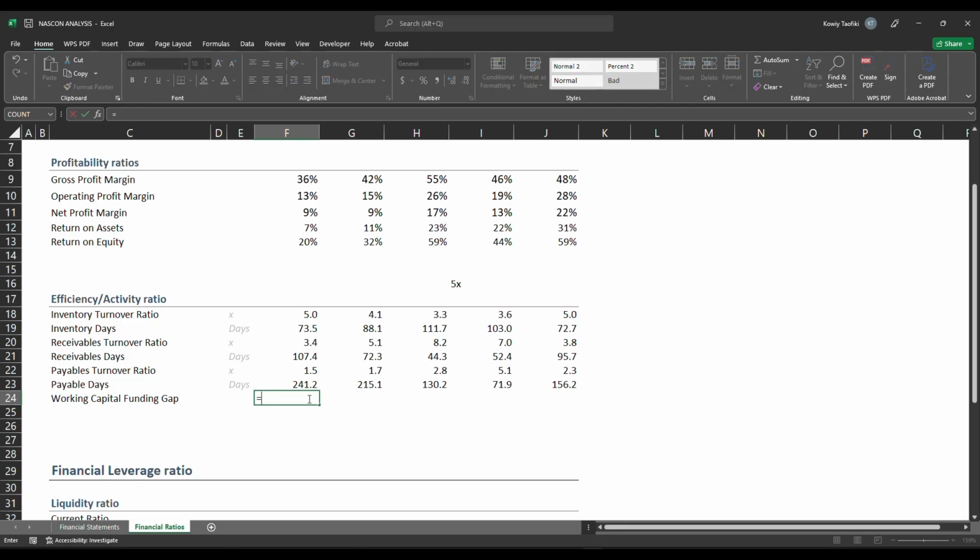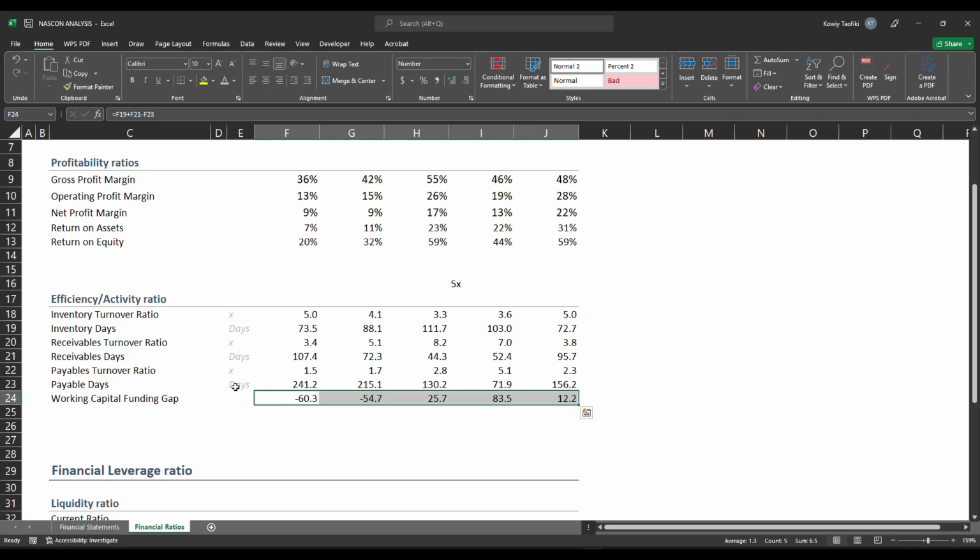So I'm going to be interpreting this against the interpretation. So we have your inventory days plus your receivable days minus your payable days. Select this, and we have enter. So we have that, and we have this. So the interpretation of this, basically, we are going to be starting from the days.